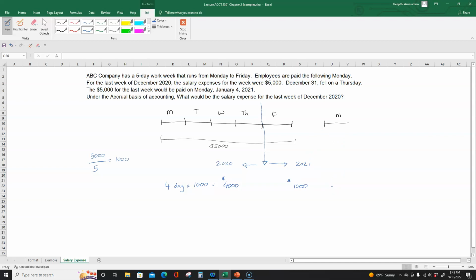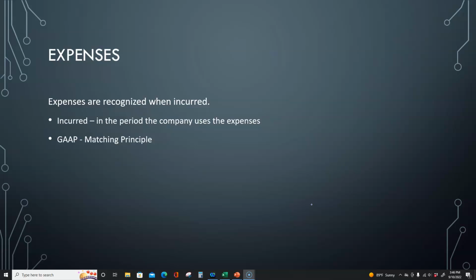But under the accrual basis, you're going to split that salary, $4,000 for 2020 and $1,000 for 2021. So to recap, under the accrual basis, expenses are recognized when they are incurred. It doesn't matter when we pay for those expenses, we recognize them in the period that the company uses the expenses.